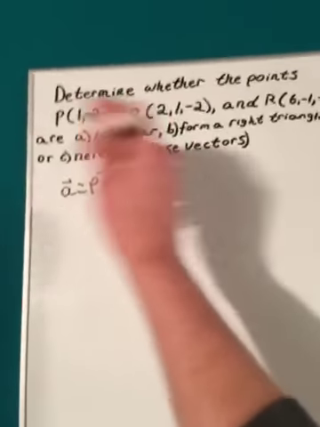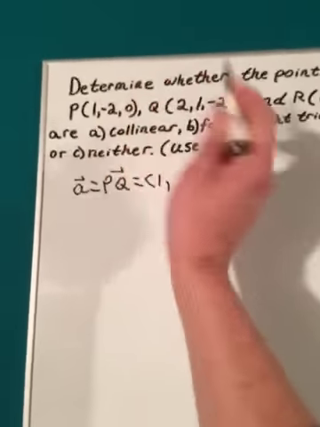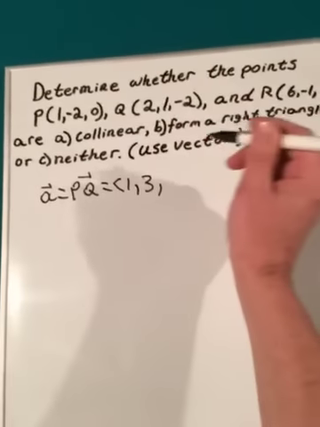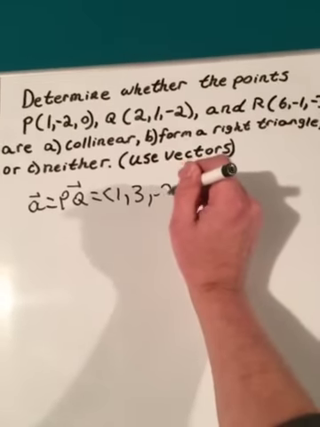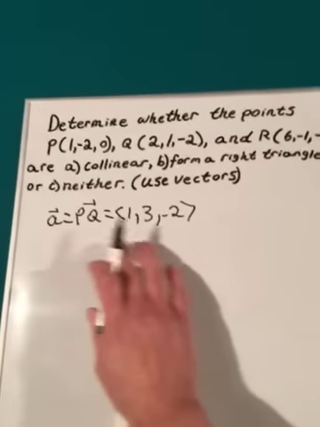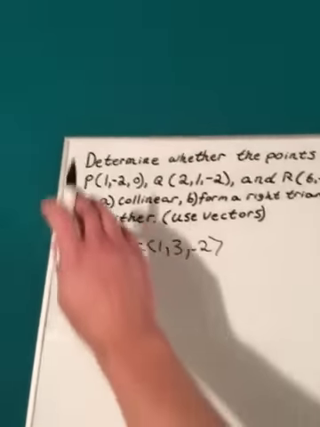So just do 2 minus 1 gives us 1. 1 minus negative 2, so 1 plus 2 gives us 3. And then minus 2 minus 0 gives us minus 2. We use these little pointy brackets here to say now we have a vector. Okay, so this A vector was from P to Q.